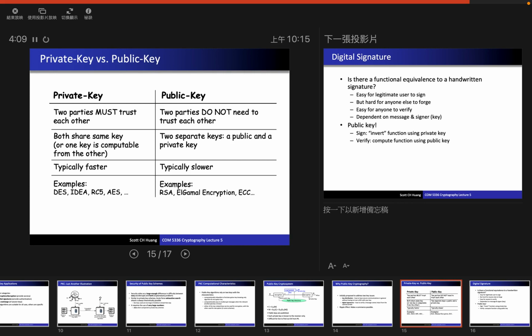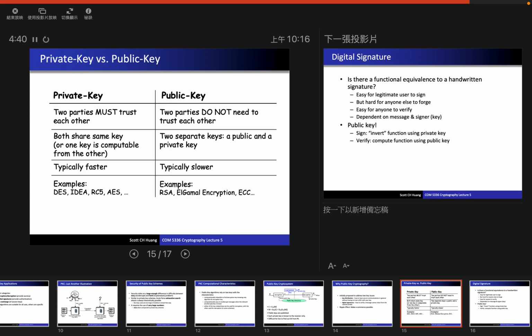For RSA, at that moment, I was using an old version of HTC, and they implemented RSA as well. It takes almost 10 seconds to do one encryption. And for AES, it's less than 100 milliseconds. It's pretty fast, like 50, 60 milliseconds.